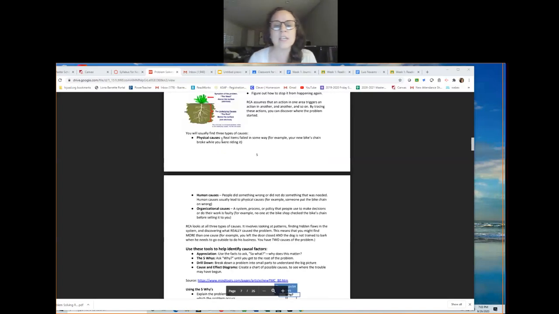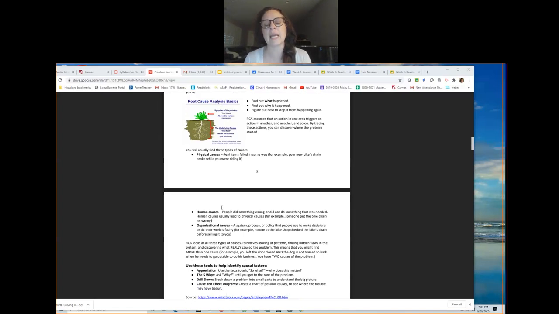And organizational causes, well, this would have to do with like the management system. Like maybe the management system does not have a good system for loading the new rear view mirrors onto the assembly line. Maybe they don't have a good check system to make sure that the correct ones are being delivered.